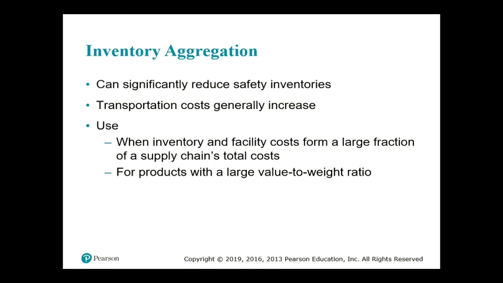And for a product with a large value to weight ratio, it also makes sense to do inventory aggregation, right? Because if the product is very expensive, inventory cost is also very high, and therefore, for example, for diamonds, we often have a very centralized location where we can use the inventory aggregation benefits, but then we use a very fast transportation mode to still maintain a responsive supply chain.